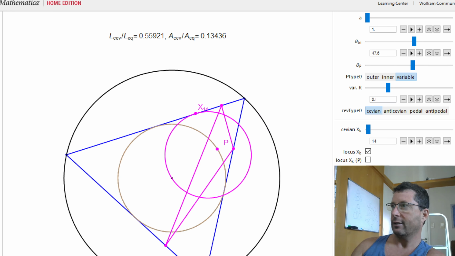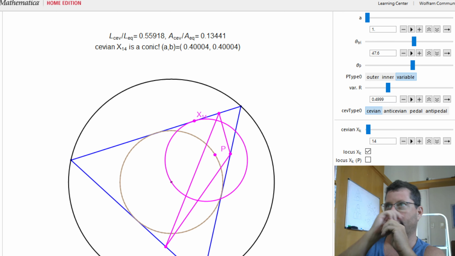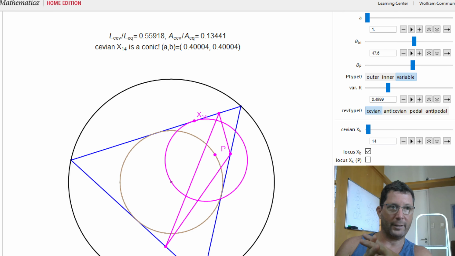But if I say, instead of 0.55, 0.54999, I just nudge it inwards, just a tad, all of a sudden this thing becomes a circle. So just by looking at these numbers, I would venture to say that X14 is a circle of radius 0.4 of the circumradius of the system if P is on the incircle and inward.